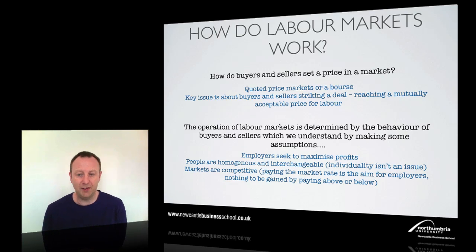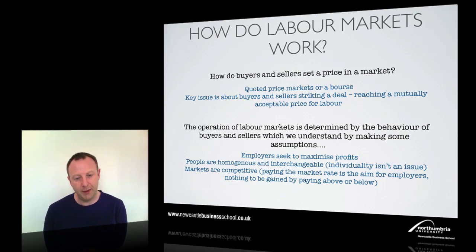And in order to understand their behaviour, we need to simplify some issues, and typically the operation of labour markets and the way in which economists understand the operation of labour markets is achieved by simplifying some of the behaviours that we see. And those assumptions are generally considered to be these.